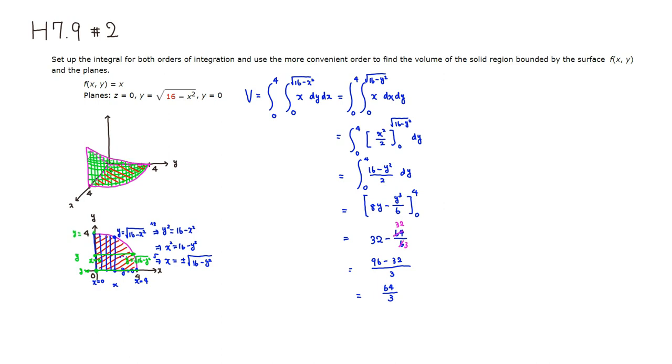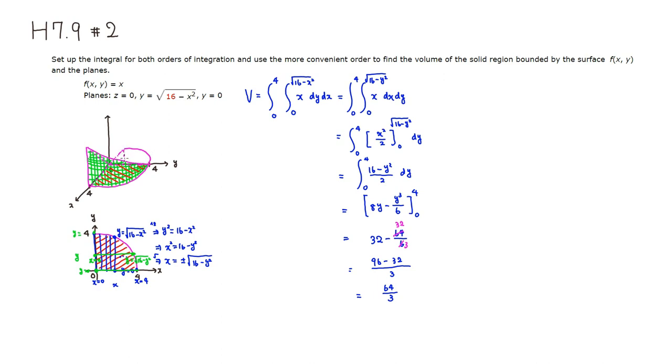But remember, if you sketch y equals the square root of 16 minus x squared, there would actually be another solid which has exactly the same volume as the one we found, and it's below the xy plane. If they're talking about that, it's going to look kind of like this.